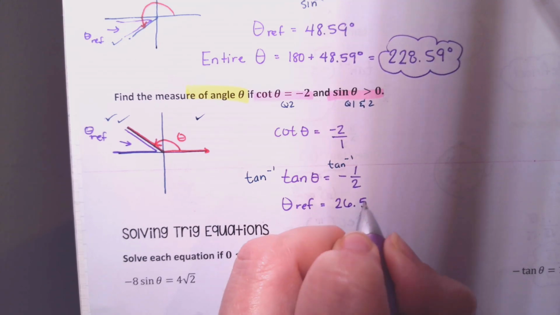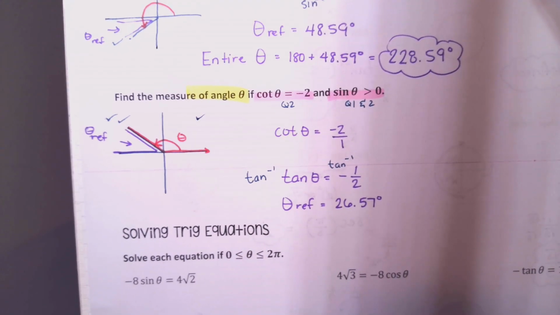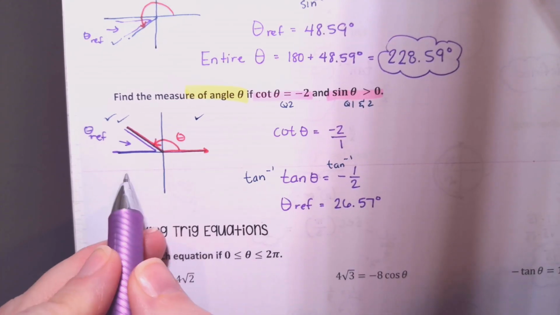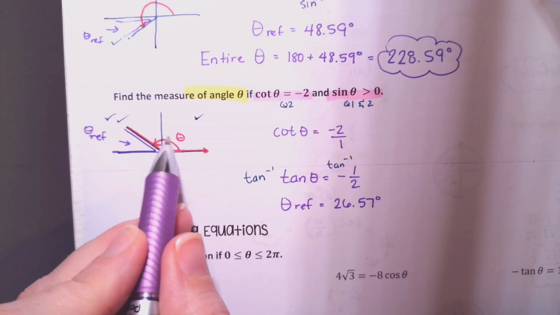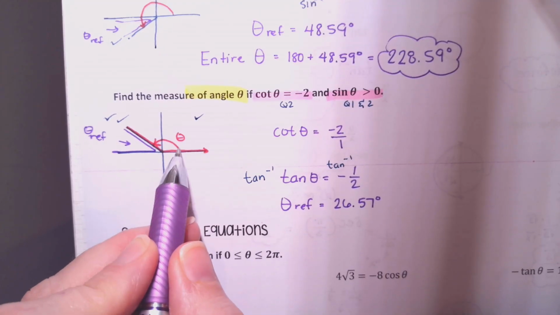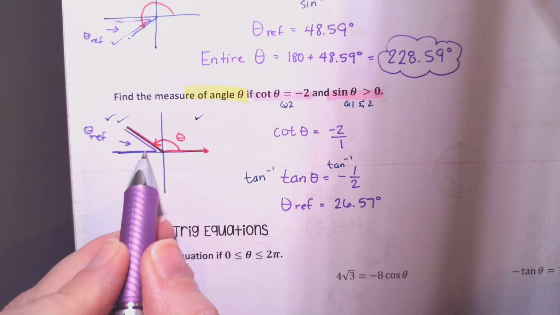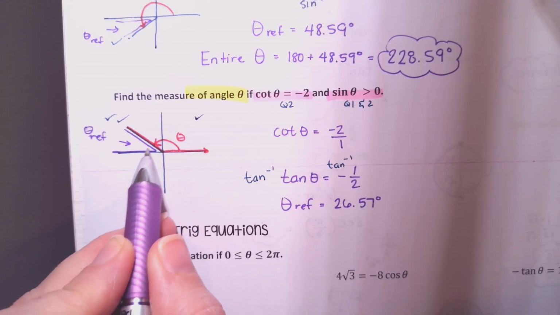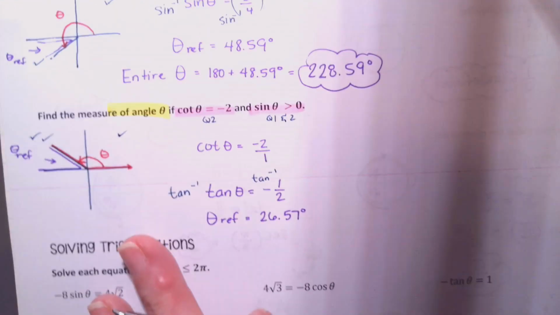Okay. Now to find actual theta, it's different than the last one. On the last one, our angle was down here, so we had to do 180 plus the reference angle. On this one, our theta is right here. So if we went all the way to 180, that would be a straight angle. But we're going to have to take away the reference angle part of it, so we're going to take away the 26.57 to find our actual theta.